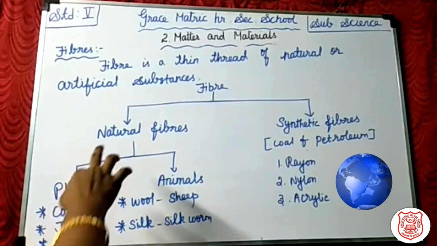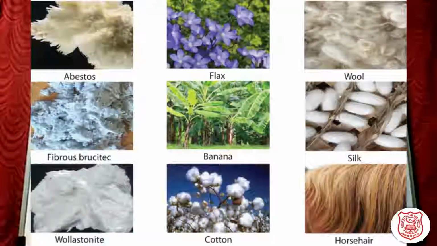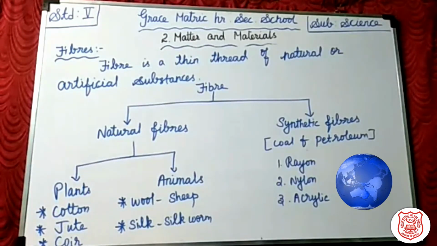First, natural fibers means the fibers we get from either plants or animals are called natural fibers. So, natural fibers means the fibers obtained from plants and animals. From plants, we get cotton, jute, and coir. These are all examples of plant fibers because we get them from a plant.